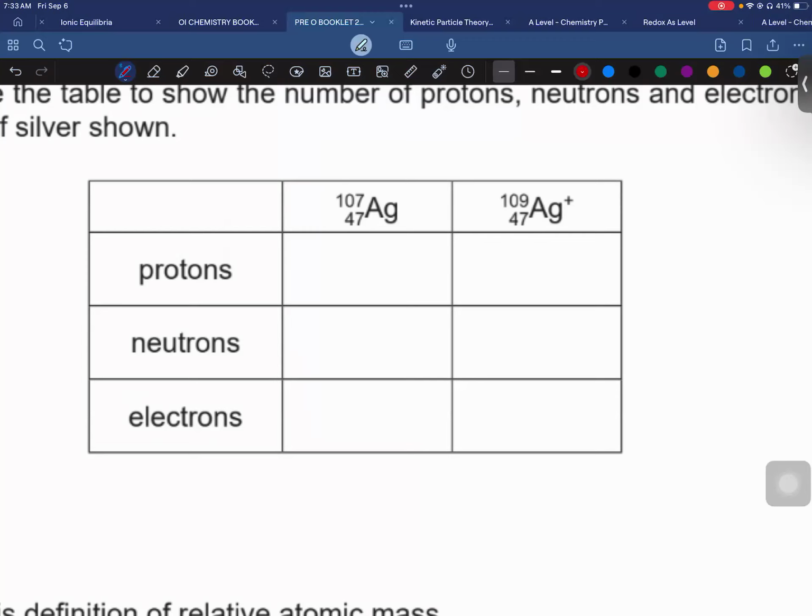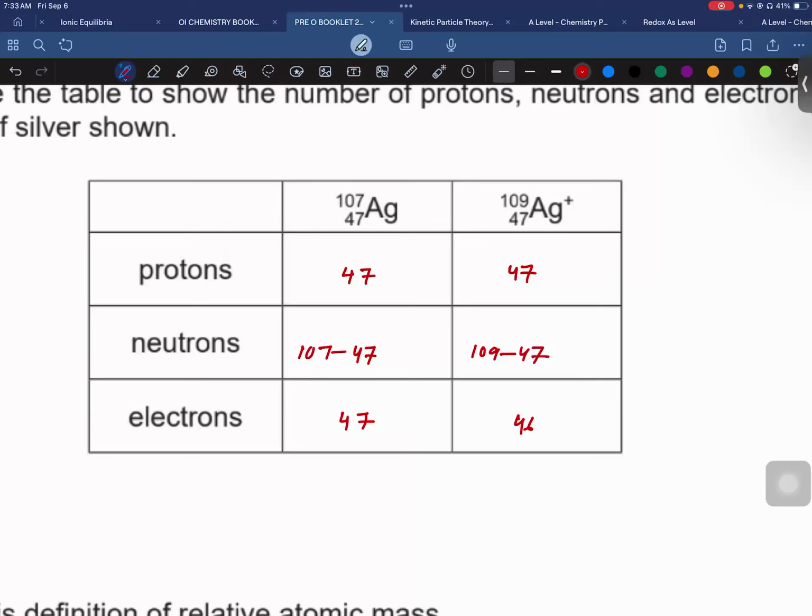The electrons will be 47, and the neutrons will be 107 minus 47, which is 60. On the second, protons are 47, but electrons are 46, and neutrons are 109 minus 47.